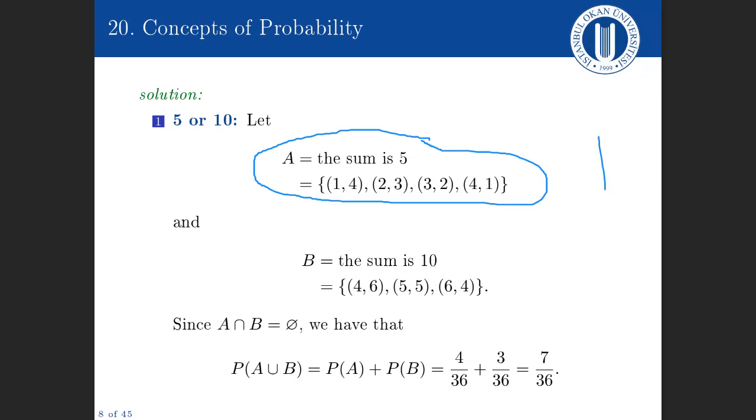There's 4 simple events in A. B is going to be the event that the sum is equal to 10.